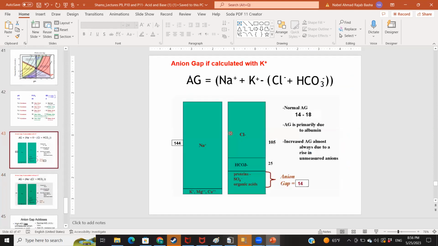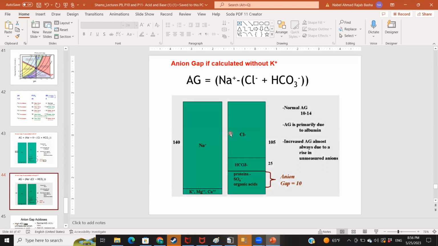So let's say that we have a metabolic acidosis. Metabolic acidosis is usually of two subtypes, which is high anion gap metabolic acidosis and normal anion gap metabolic acidosis. What is high anion gap metabolic acidosis?